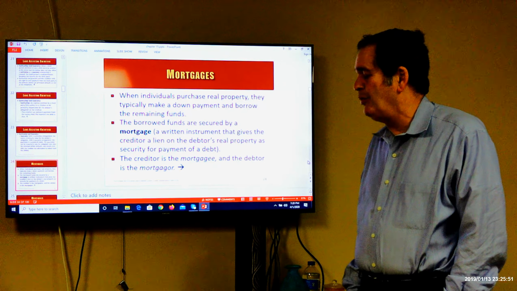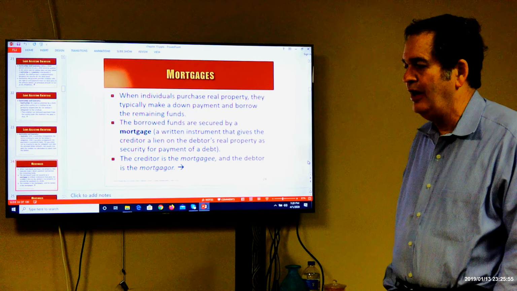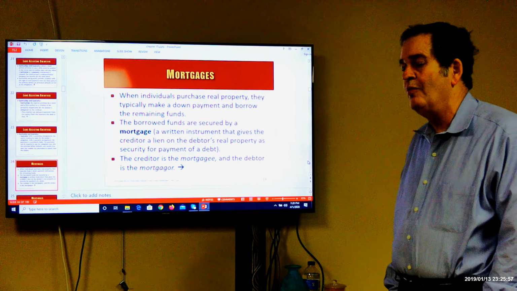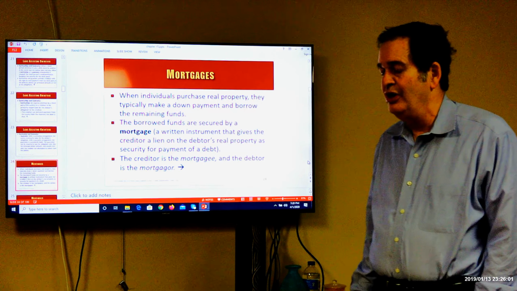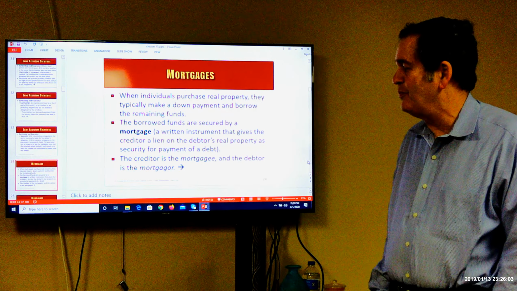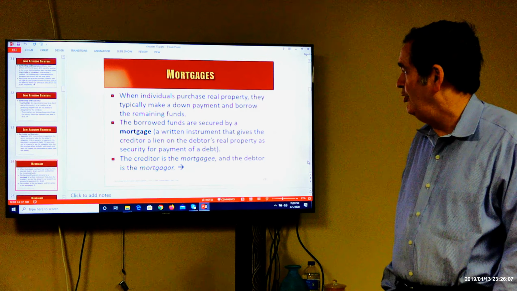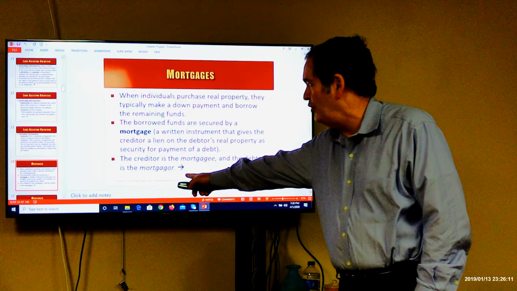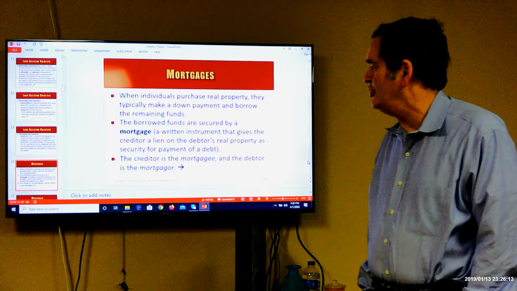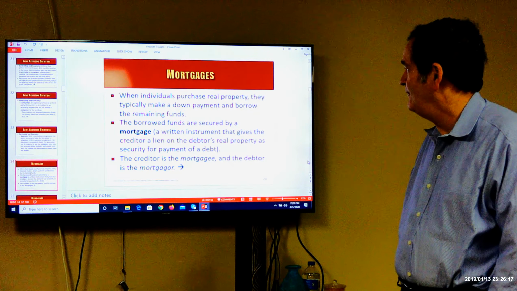When a person borrows money to buy some real property, in most cases people don't pay cash. They borrow money to buy the property, and that money comes from a lender. The person who's borrowing is called the mortgagor, and the person or entity giving the money is called the mortgagee.